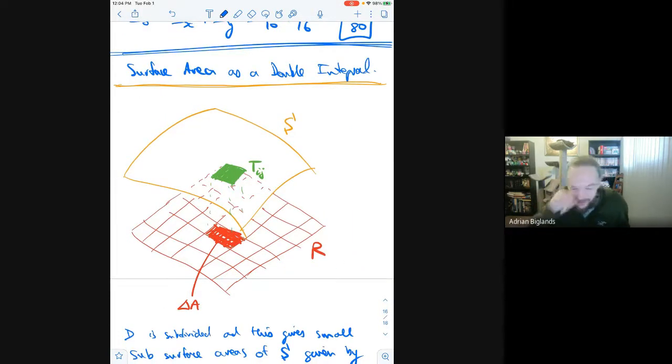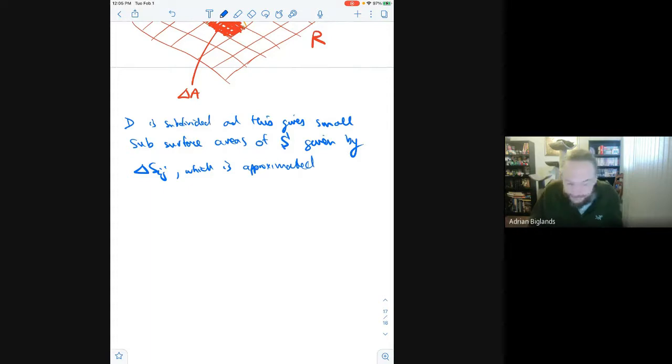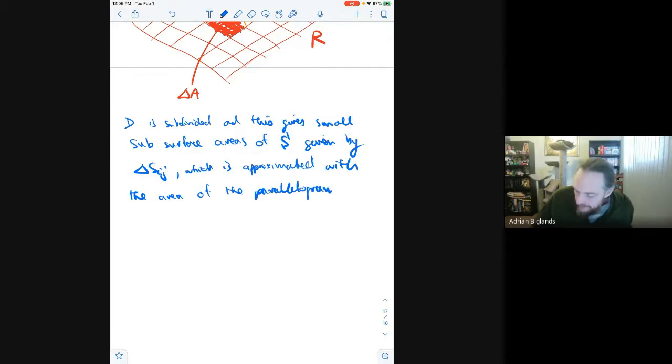We're going to approximate it by the green part, which is underneath the red part. This is what's happening. And this is approximated with the area of the parallelogram delta Tij, the green guy, on the tangent plane.